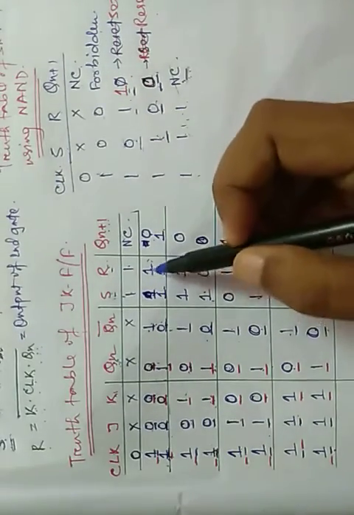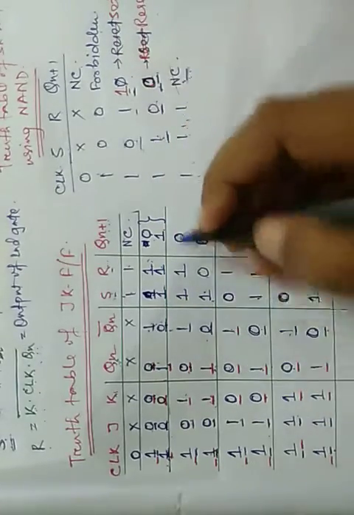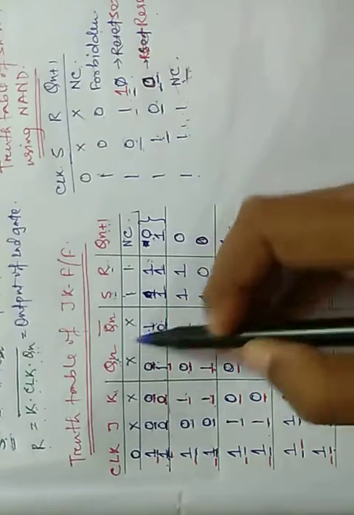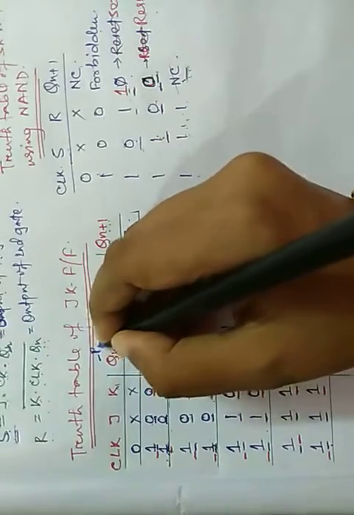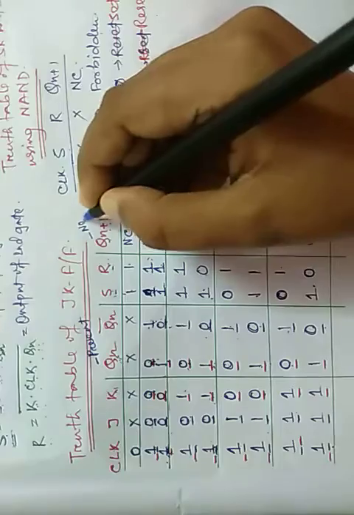Now let us check for the first case. When Qn is 0, Qn bar is 1. This is our present state, and this is our next state.